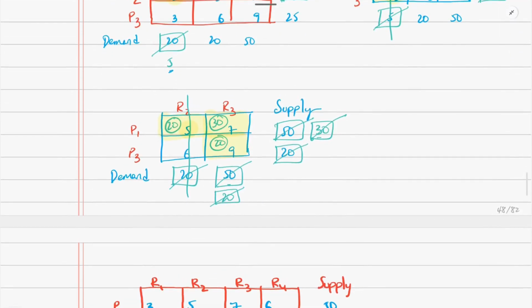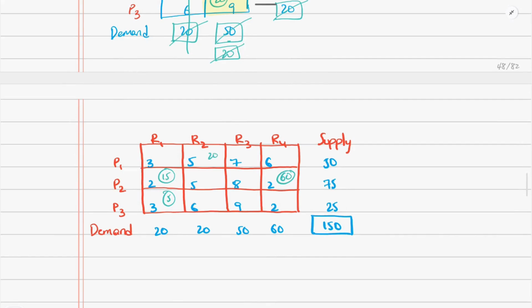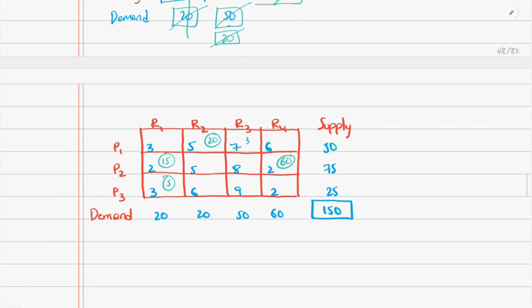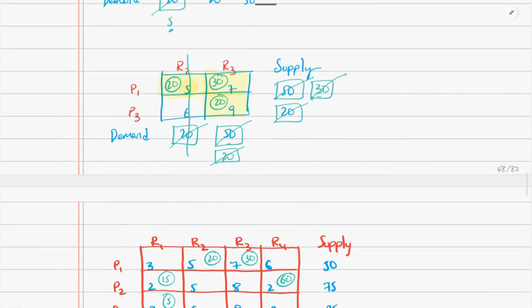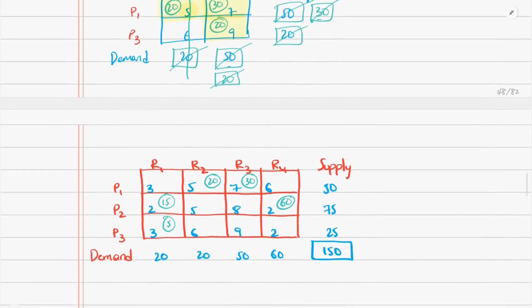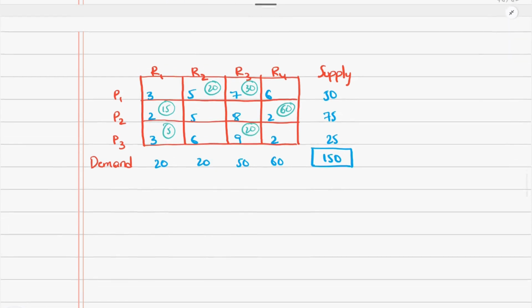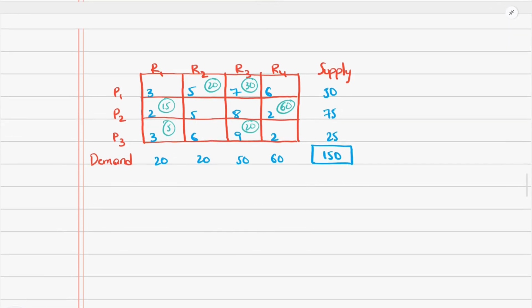Next, in the last table, we make 3 allocations, P1 to R2, 20, P1 to R3, 30, P3 to R3, 20. So these are all our allocations using the least cost method.